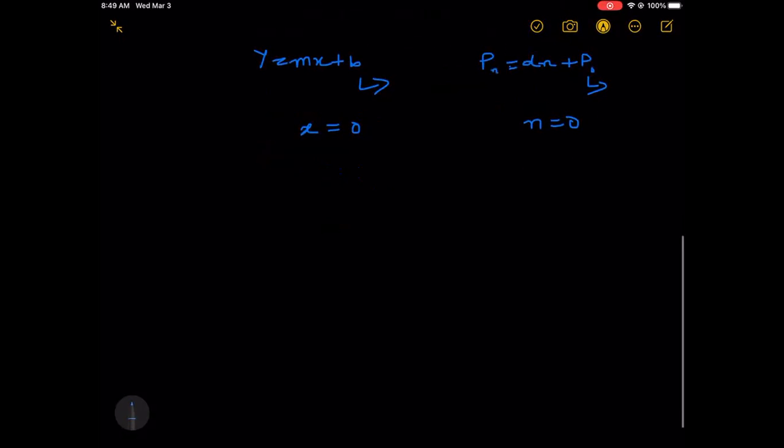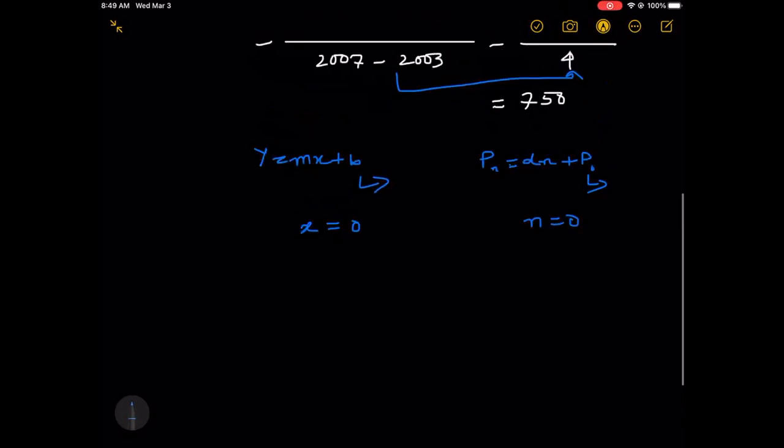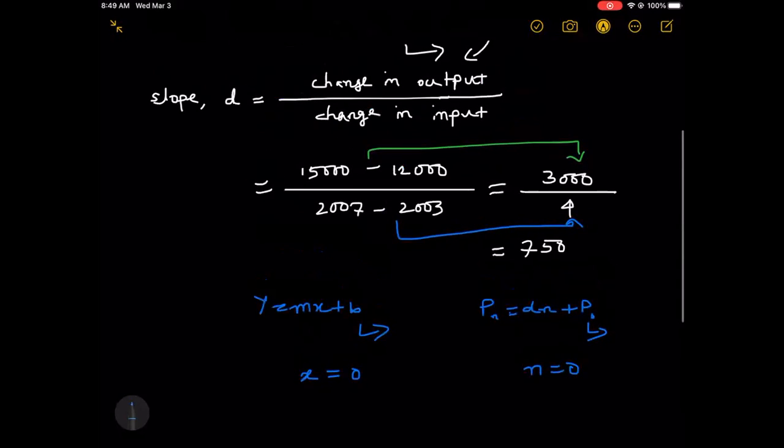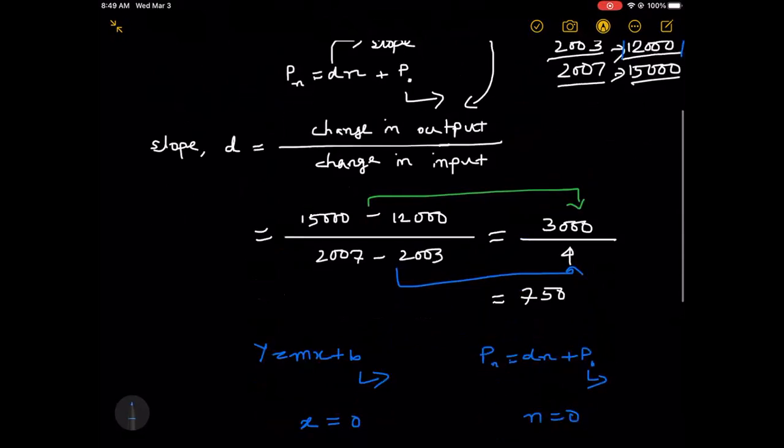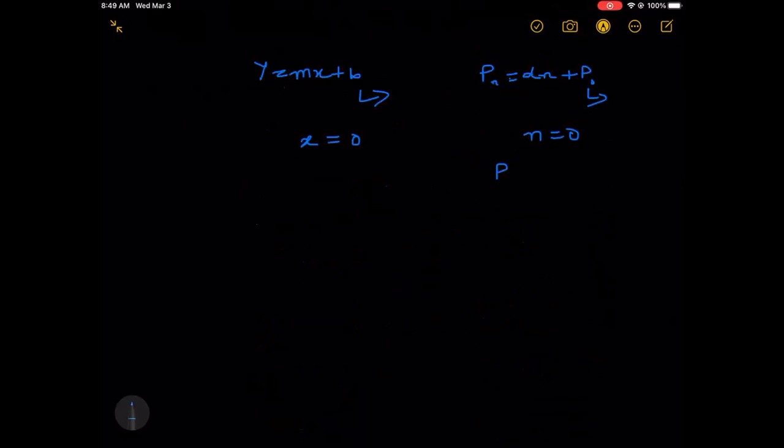So for n equals 0, that means when we started, our initial given population was 12,000. So for this particular problem, our P naught would be 12,000.